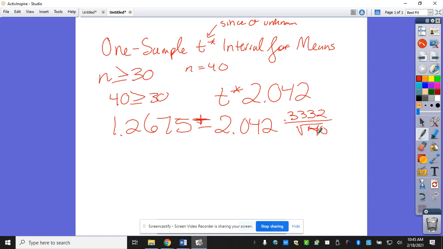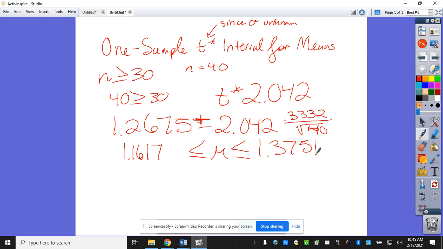What's your symbol in between? Mu, because that's what we're estimating. And you get 1.1617 and 1.3751.